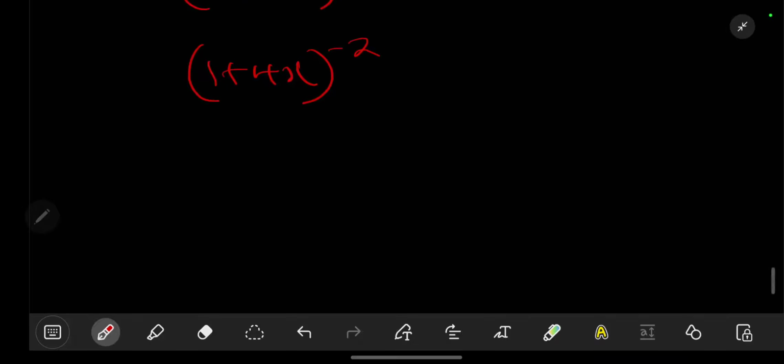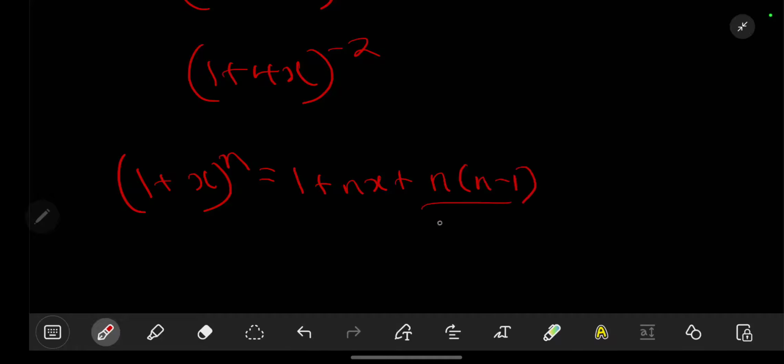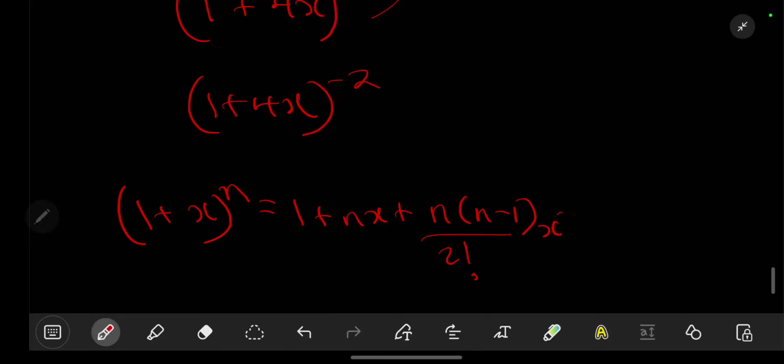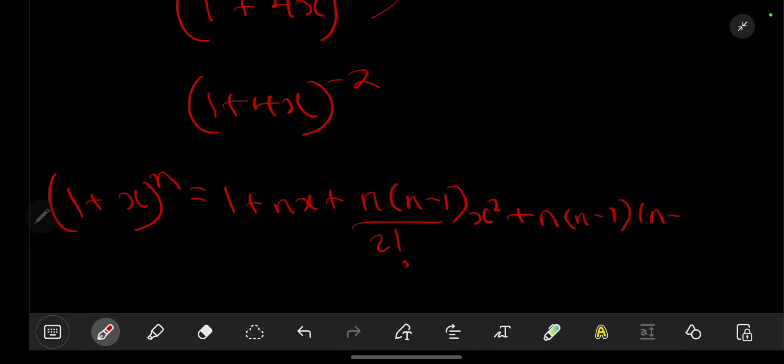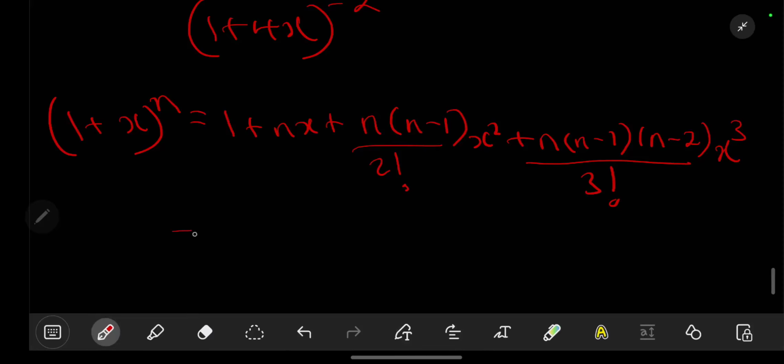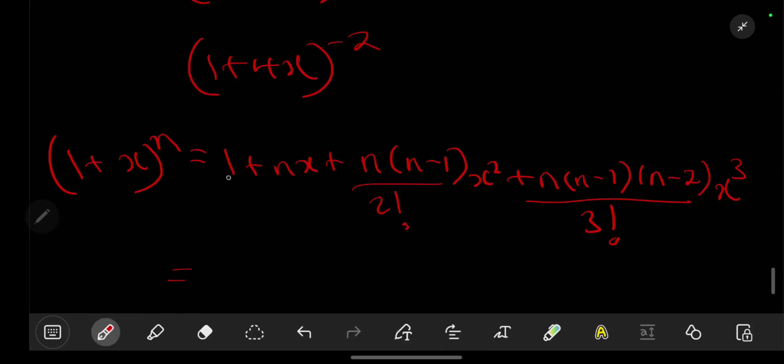So this will be equal to, we have 1 plus x to the power of n, the one we are using: 1 plus nx plus n times n minus 1 over 2 factorial x squared plus n times n minus 1 times n minus 2 over 3 factorial, then we have x to the power of 3.